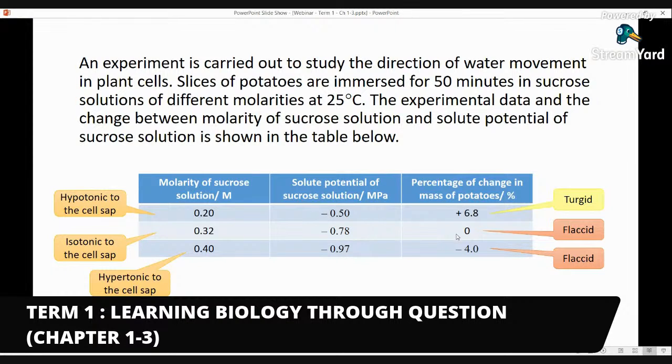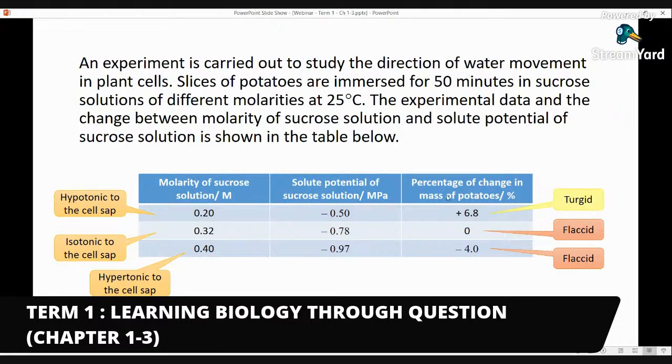That's why there is no change in the mass of the potato. But when the mass of the potatoes increases, that means here 0.2 molarity is a hypotonic solution. It's hypotonic to the cell sap. That's why it is a positive 6.8.